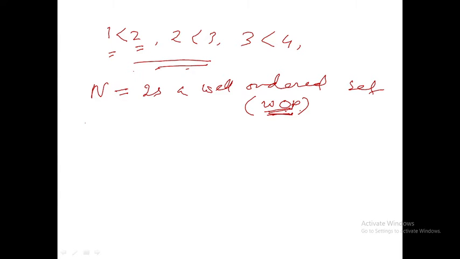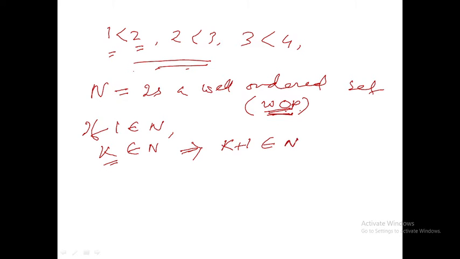Okay, if 1 belongs to natural numbers and k also belongs to natural numbers, say k is another natural number, then k plus 1 also will be a natural number.